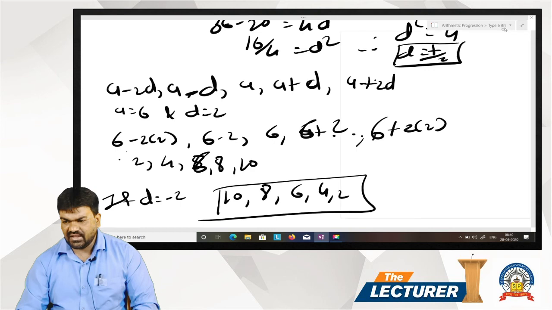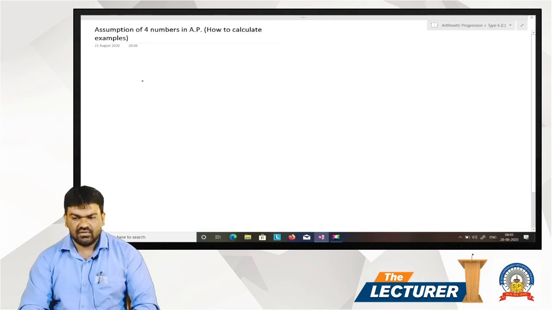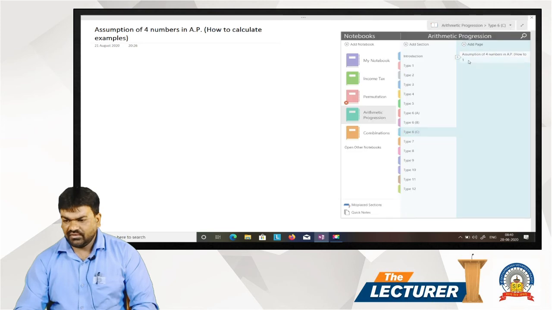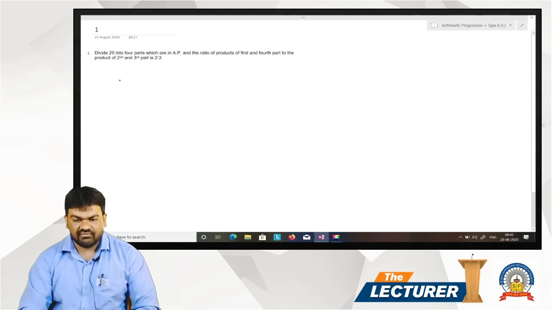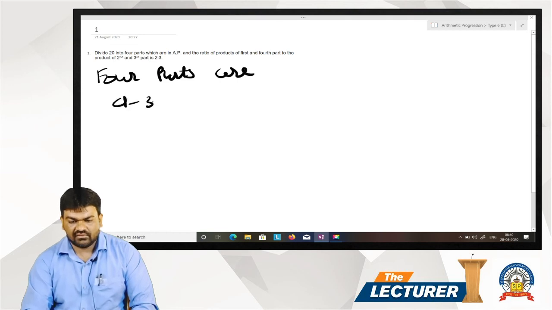Now last, type 6, that is assumption of 4 numbers. First example of it: divide 20 into 4 parts which are in AP. So the 4 parts are a minus 3d, a minus d, a plus d and a plus 3d.